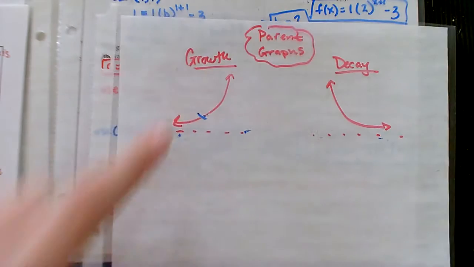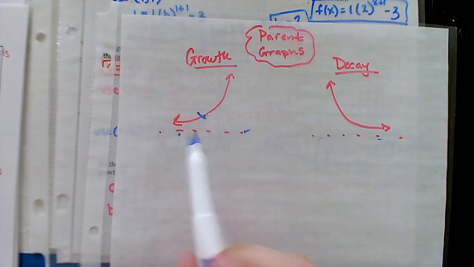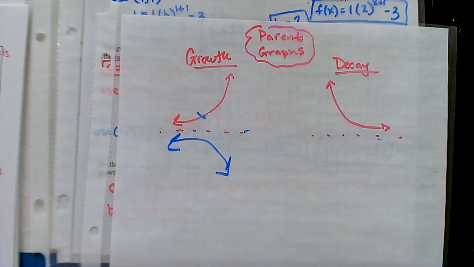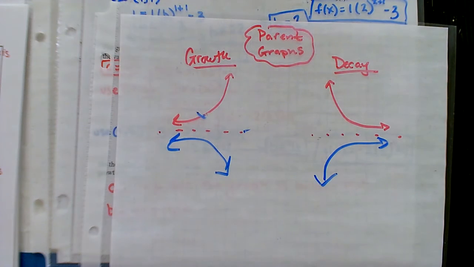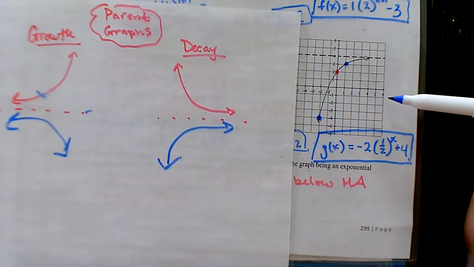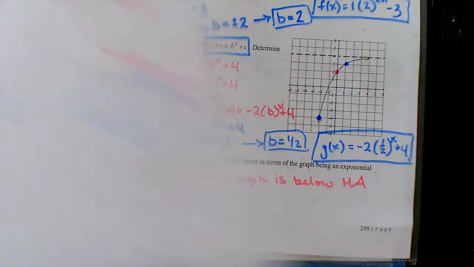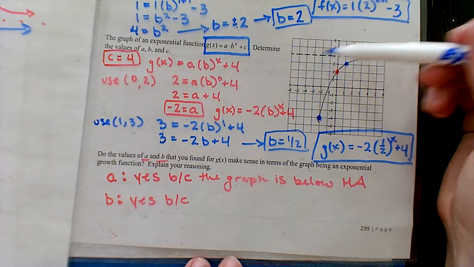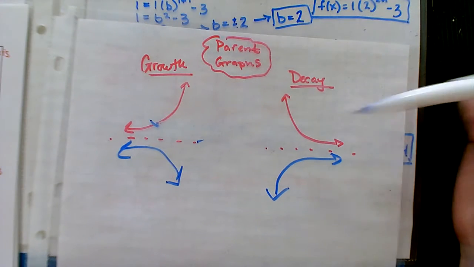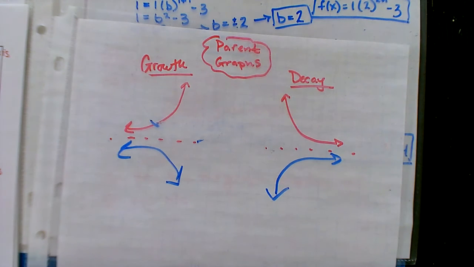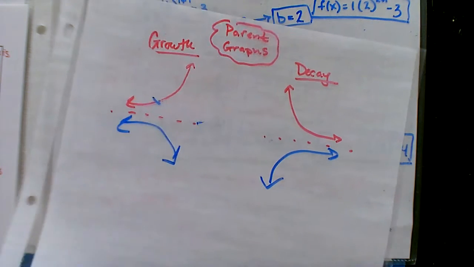So if you were to flip this growth graph upside down, it would look like that. And if you were to flip the decay graph upside down, it would look like that. Which one in the end looks like the graph we want? The decay. So we're not basing it off of the fact that this graph is decay. We need to base it off the fact that the beginning graph we had was decay before we had all those different flips.